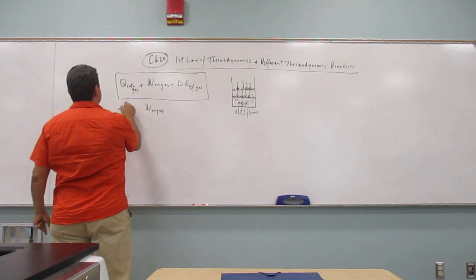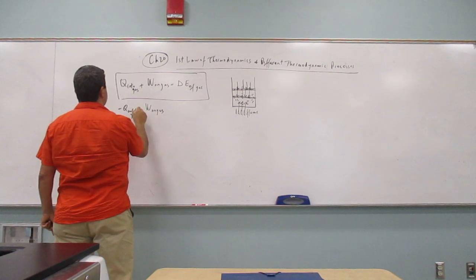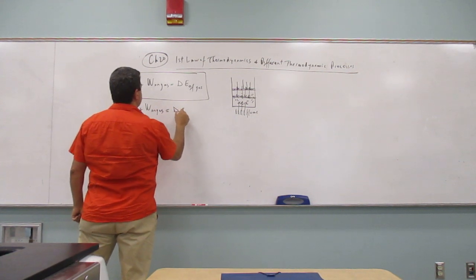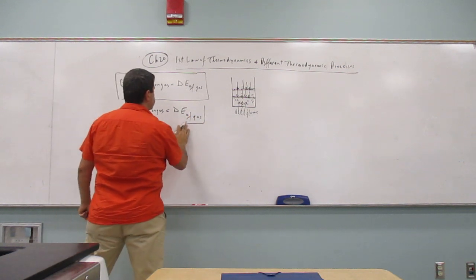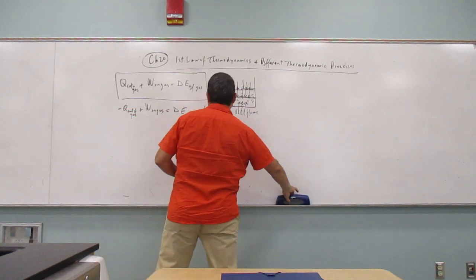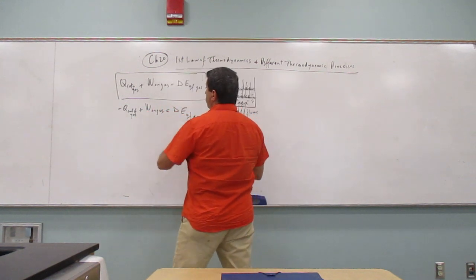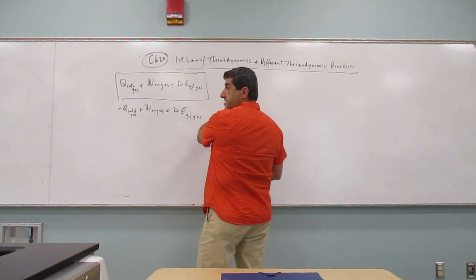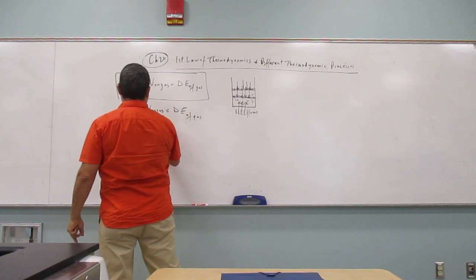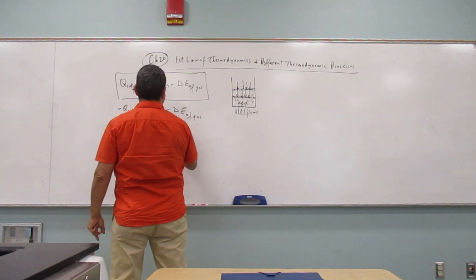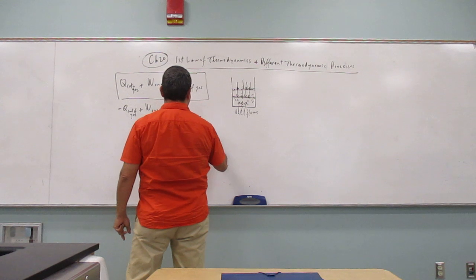So we can write it as negative Q out of gas. So then you can take this and take it to the other side. And then you can say work on gas is changing internal energy of gas plus Q out of gas.